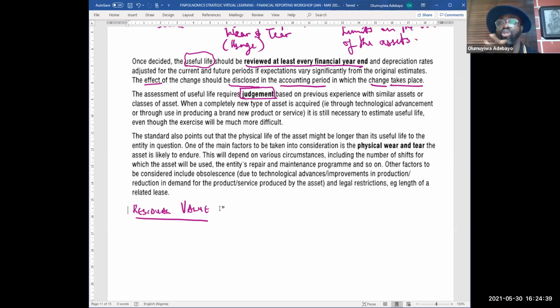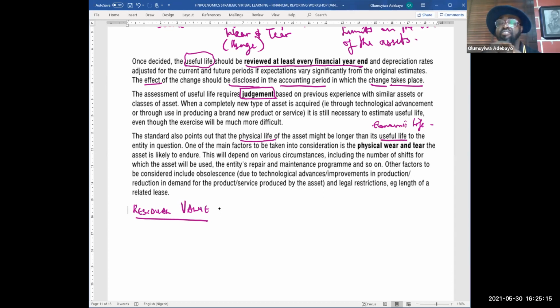Okay. And take note, we've told you what matters in an asset is the economic life of an asset, not the physical life. That is why if you come back here, the standard also points out that the physical life of an asset might be longer than the what? Useful life. The word useful life is economic life. That is, economic life is what a rational management or investor considers as fruitful for putting this asset to use.